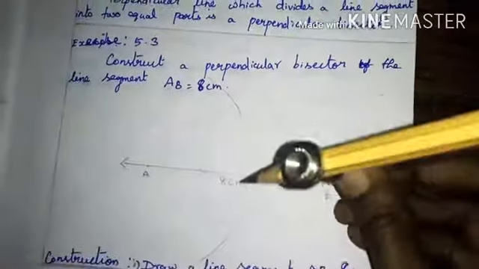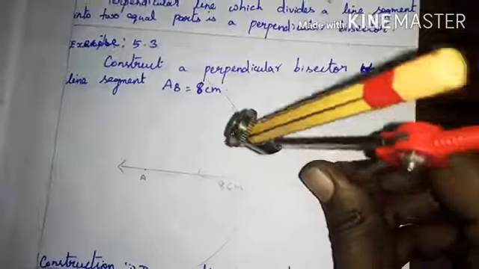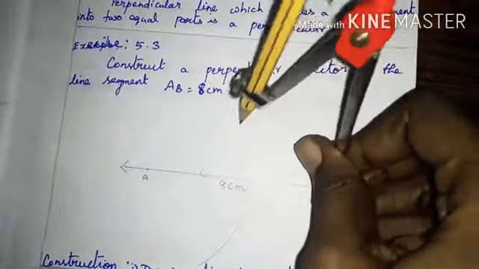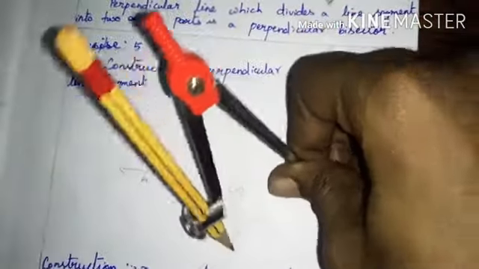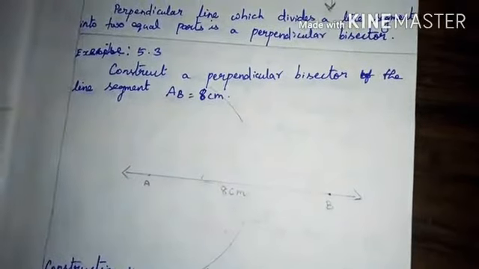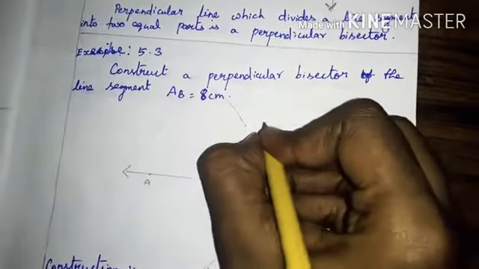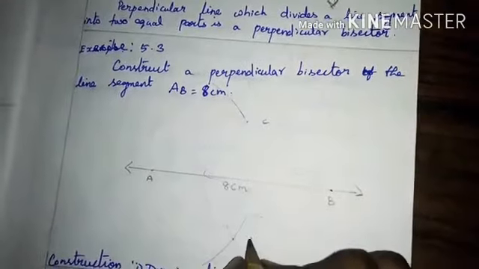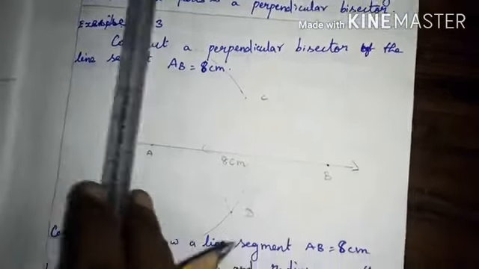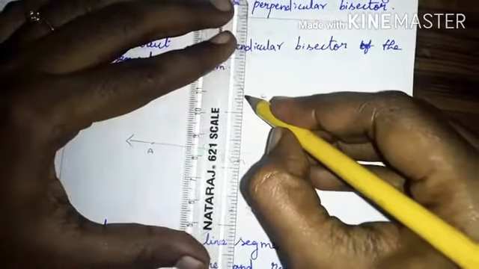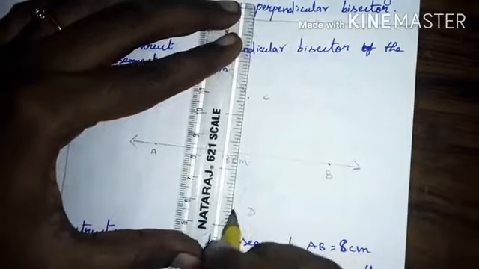In the same way, keep the compass at B and cut arcs which intersect the previous arcs at C and D.